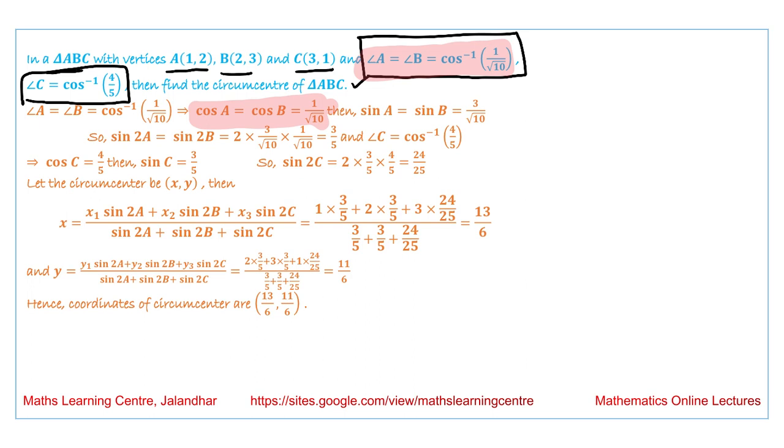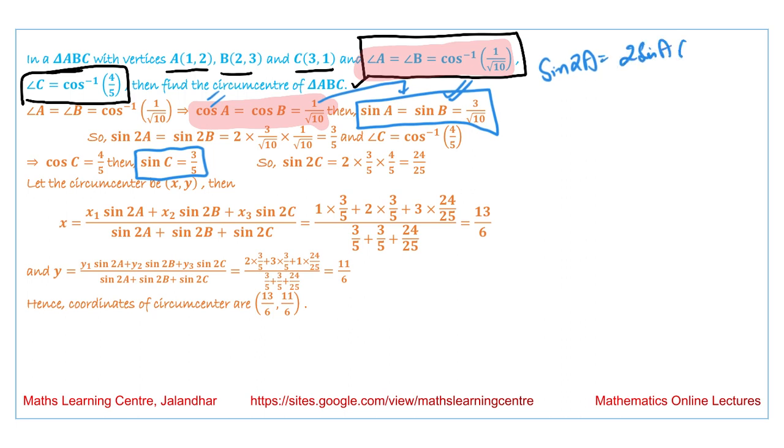And from this value we can calculate the value of sin A and sin B. These are the values of sin A and sin B. Similarly, we can calculate the value of sin C. And from the values of sin A and cos A, we can calculate the value of sin 2A, which is equal to 2 sin A cos A. So these are the values we are using over here.